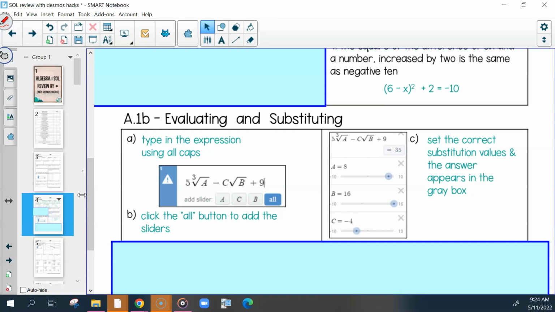So type in using all caps, click the all to add the sliders. Part C is set the correct substitution values, and the answer appears. You could really shorten that. Set the correct values, and the answer appears.